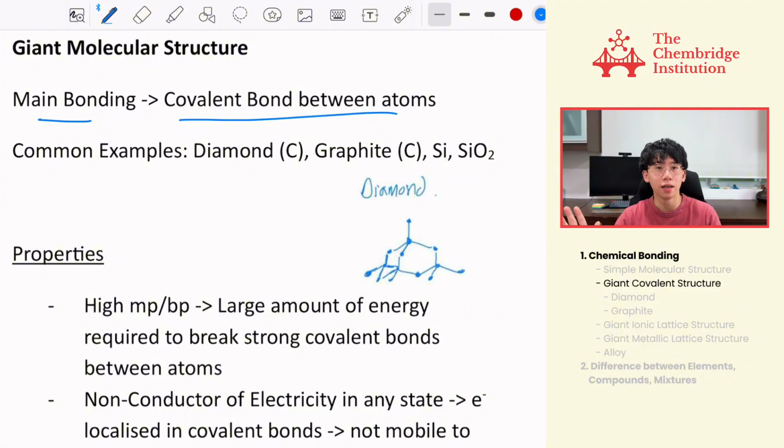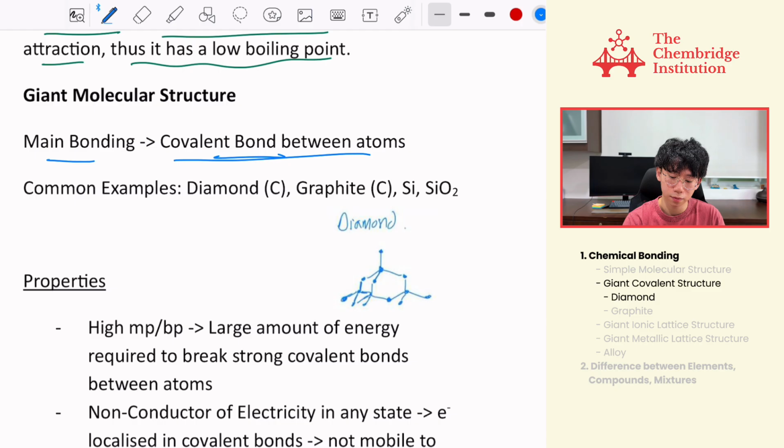So again, I say, if it has covalent bonding, it generally is a simple molecular structure, unless it's one of these examples: diamond, graphite, silicon, or silicon dioxide, or any other thing that they give in the question that has the same structure as I have drawn up. These are all your giant molecular structures. Anything else is out of syllabus and you don't need to know about it.